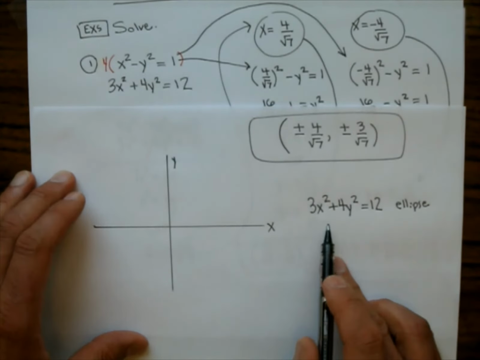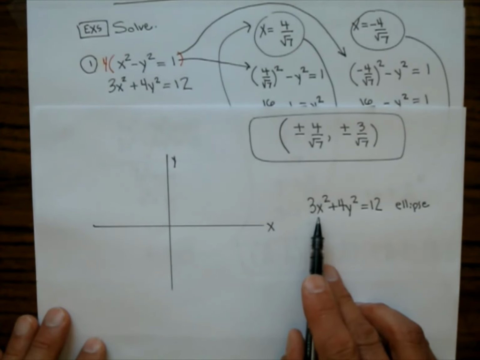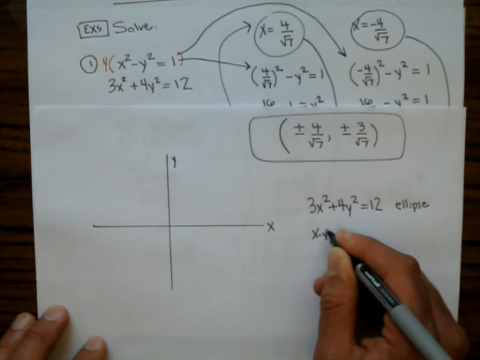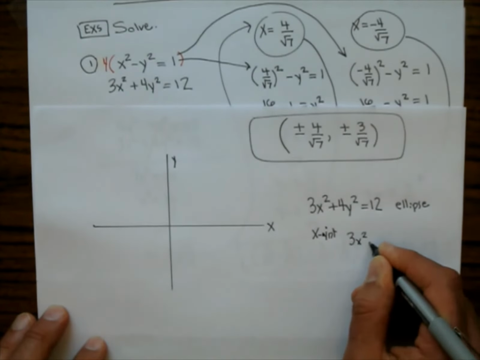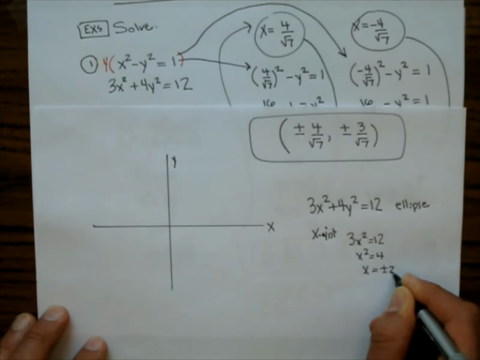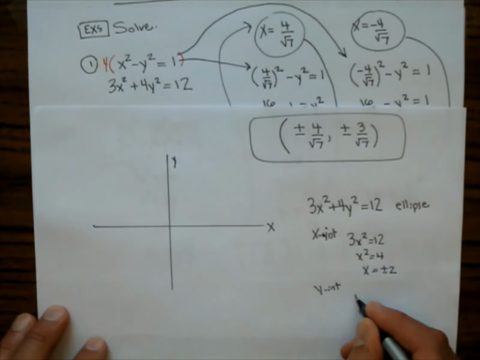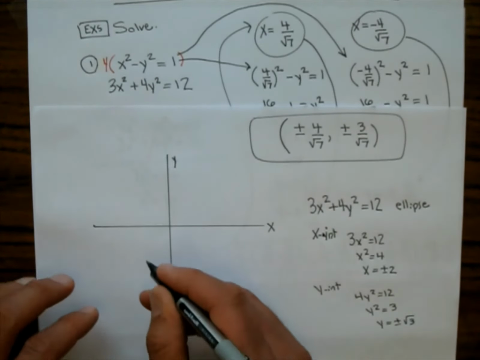Now, I know we went over ellipses in this class, but the quick way of getting this ellipse is finding the intercepts. For the x-intercepts, you set y equal to 0, so you have 3x squared equals 12, x squared equals 4, x equals plus or minus 2. And to find the y-intercepts, you set x equal to 0, and you have 4y squared equals 12, y squared equals 3, y equals plus or minus the square root of 3.